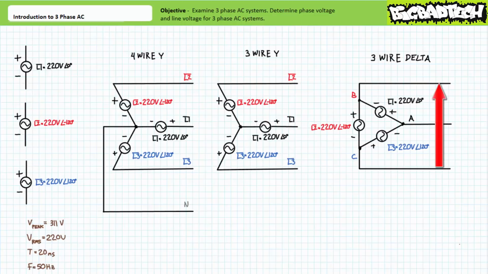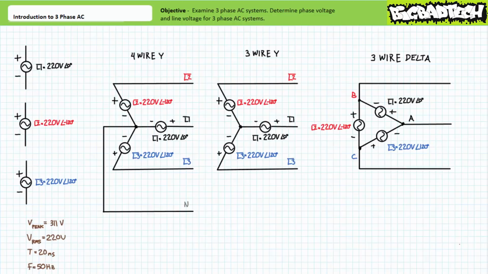Similarly, given winding L2 is between nodes B and C, the line-to-line differential between B with reference to C is 220 volts at an angle of negative 120 degrees. Finally, given winding L3 is between nodes C and A, the line-to-line differential between C with respect to A is 220 volts at an angle of 120 degrees.